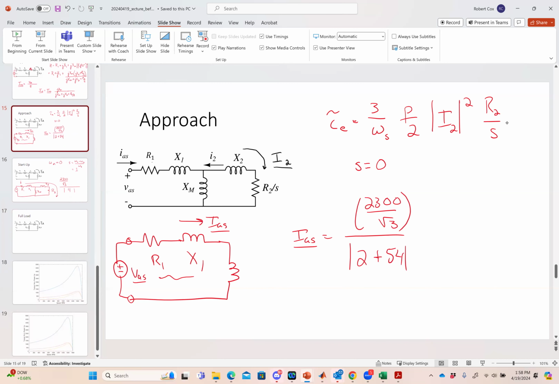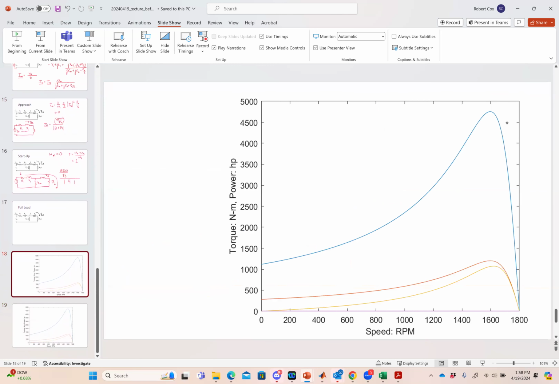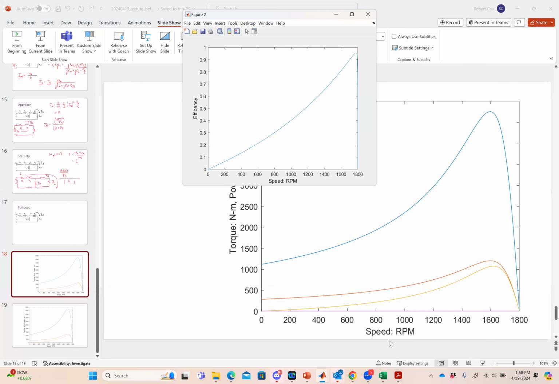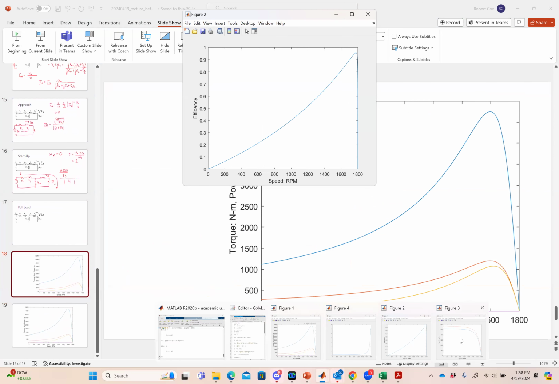So what I actually did here was I plotted two things. I'll just do it in MATLAB here. I generated a graph for myself, which shows the efficiency.